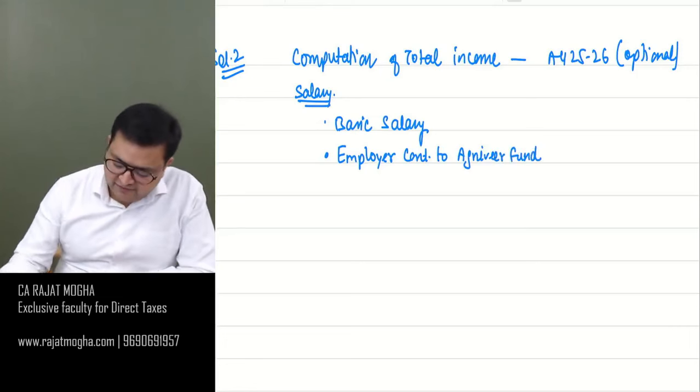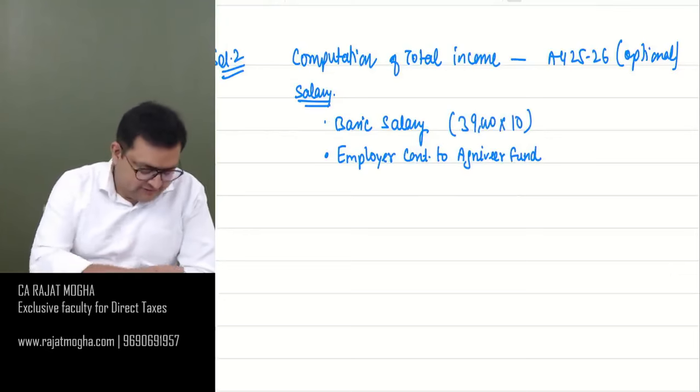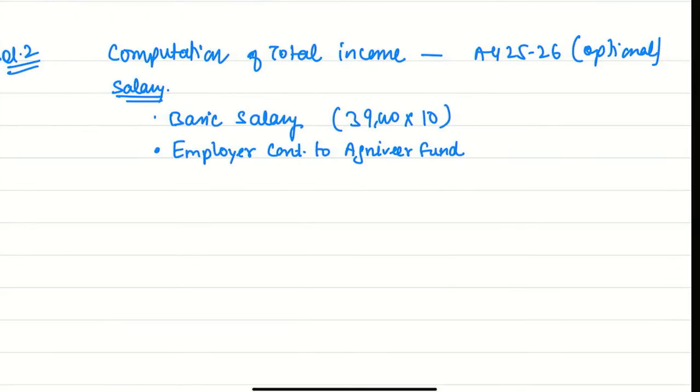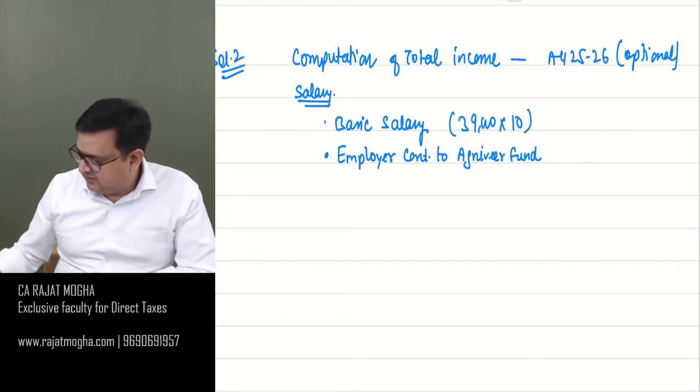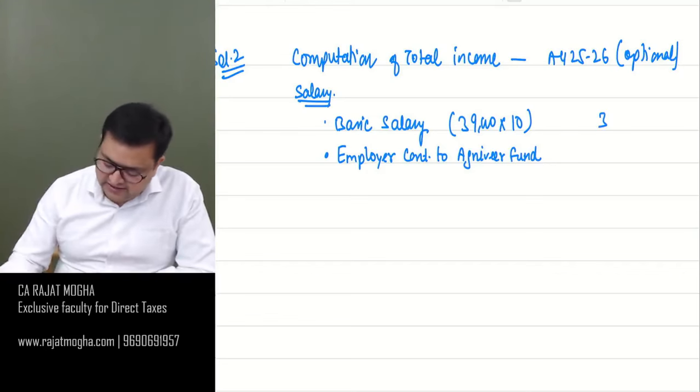So his salary was 39,000 per month. And since he retired on 31st January, I will not take February and March. So this is 3,90,000.